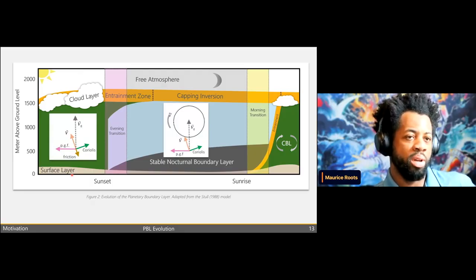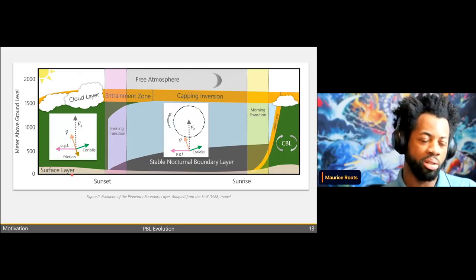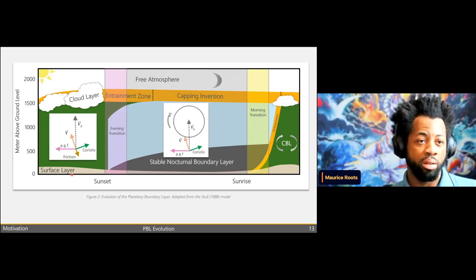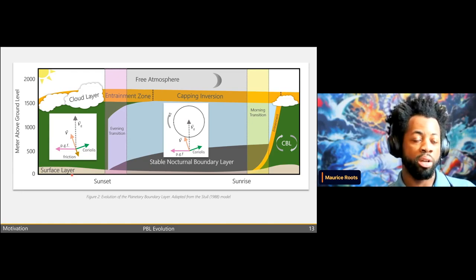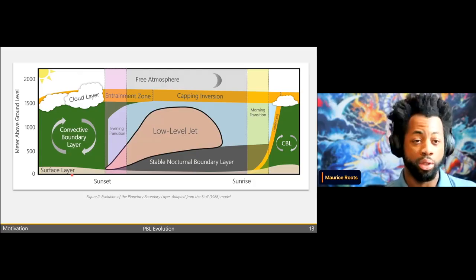And so during the day, you have the friction from the convection creating eddies and turbulence. And when that goes away, your velocity vector for your particular area starts to shift, and it goes in this rotation pattern that produces a phenomenon called a low-level jet.